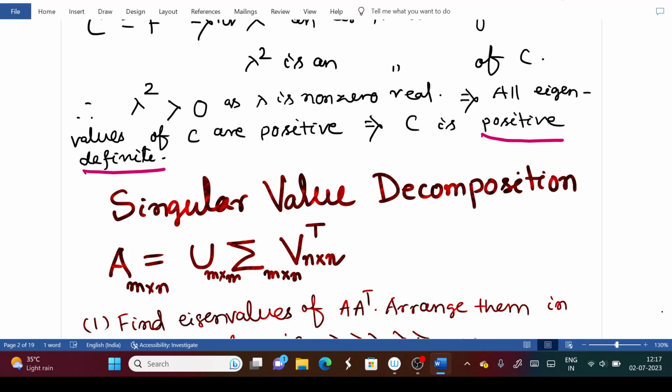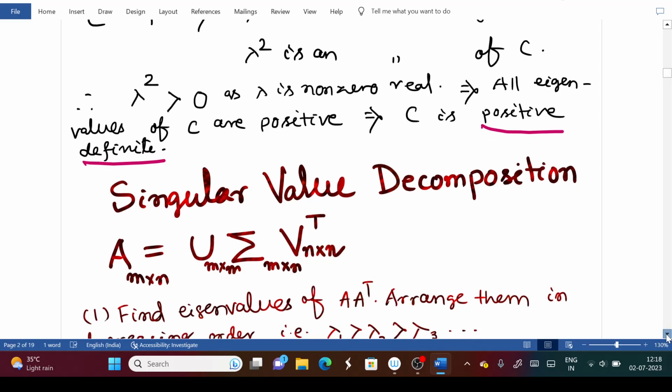We will obtain two square matrices from the given matrix. The singular value decomposition of A is given by U sigma V transpose, where U is an m by m orthogonal matrix, sigma is an m by n matrix, rectangular here, and whatever shape A has, the same is maintained in sigma. And V transpose is the transpose of an orthogonal matrix having n rows and n columns.